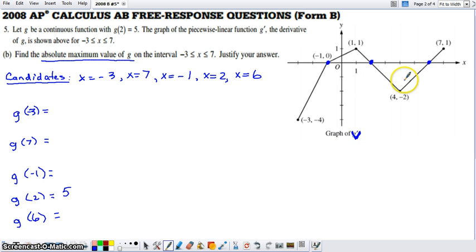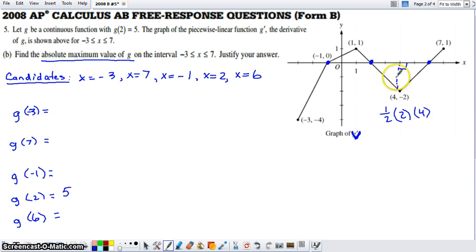How much has it decreased? How much has the object gone backwards? Well, that's going to be whatever the area of this triangle is. So if we're trying to say what the area of this triangle is, using 1/2 base times height, the height would be -2 or 2, and the base would be 4 units across.